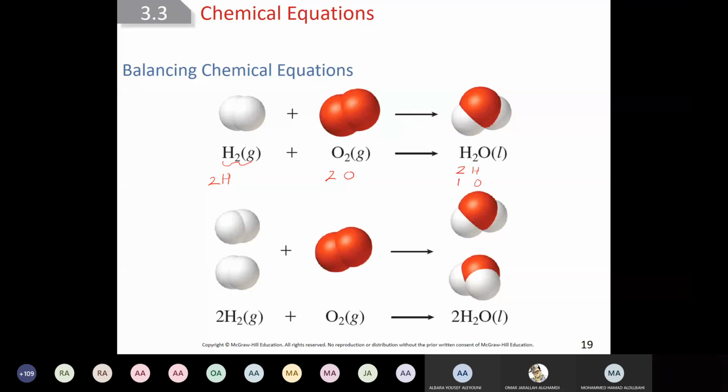Is this balanced? No. How can I balance it? I must multiply this by 2. Multiply water by 2 to make this 4 hydrogen. So I have 4 hydrogen, 2 oxygen, and 4 hydrogen, 2 oxygen. It is balanced now. That's it.